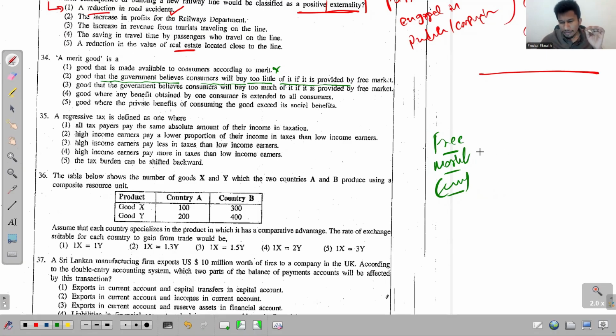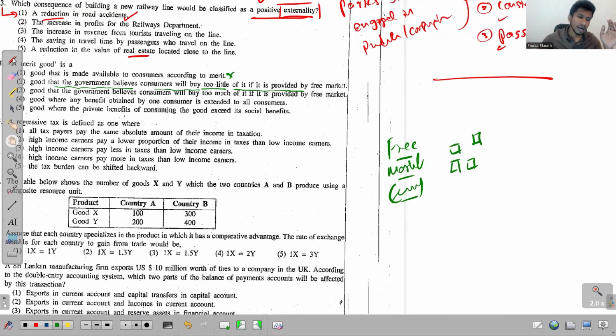So if there are schools on this side and people on this side, in a free market economy, these schools will be built only for the people who can afford them.